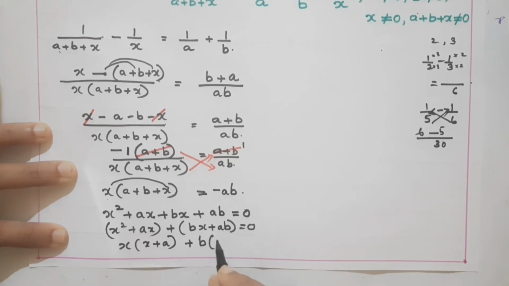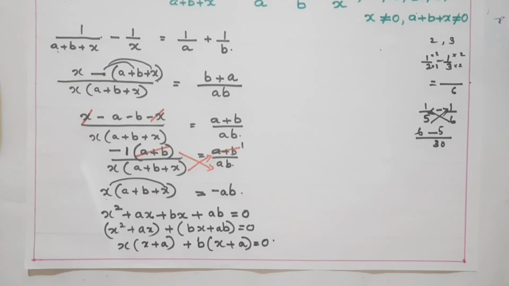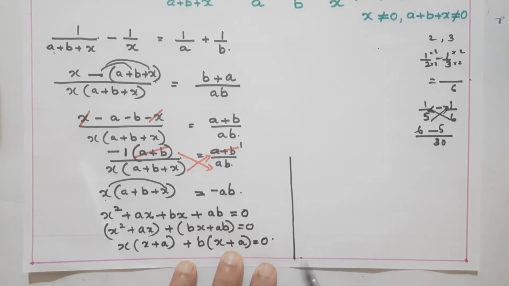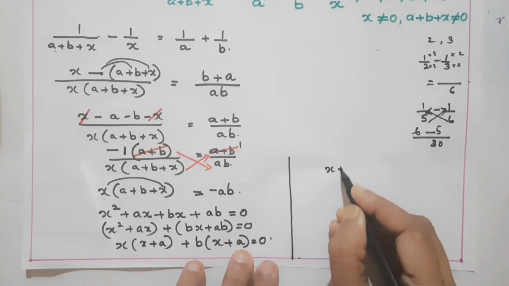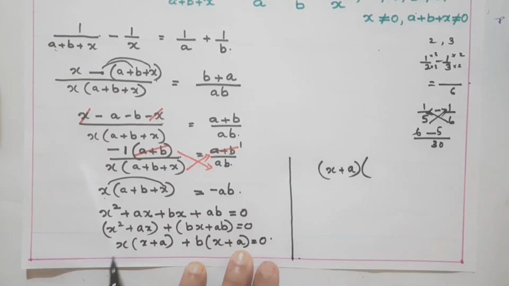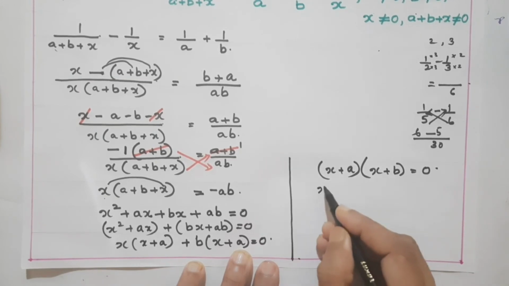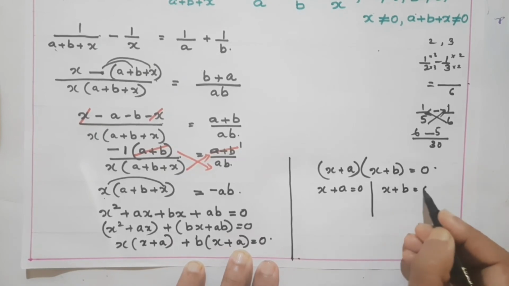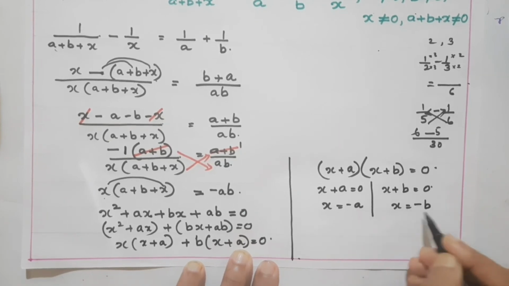B common, x plus a equal to 0. Okay. Now which is common? X plus a common. So x plus a common factor. Remaining, here what is remaining? X then plus b. X plus b equal to 0. So x plus a equal to 0, x plus b equal to 0. So x equal to minus a, x equal to minus b.